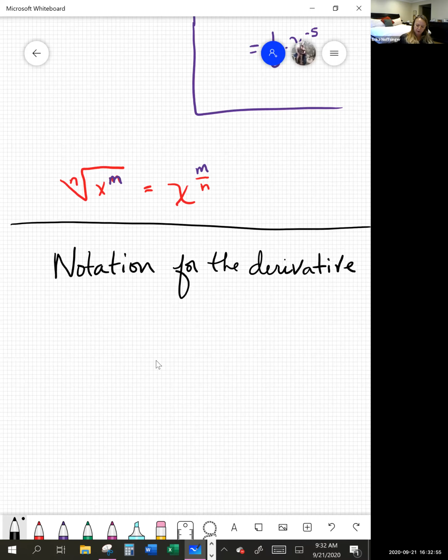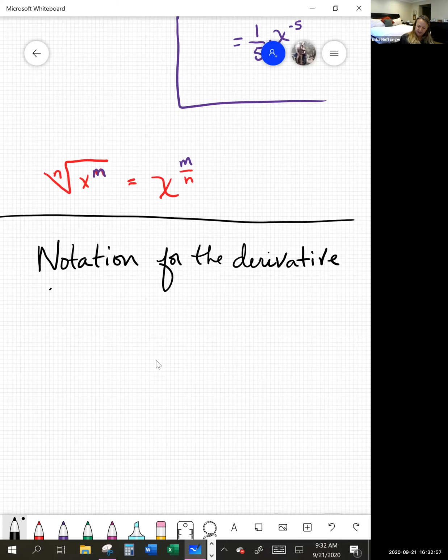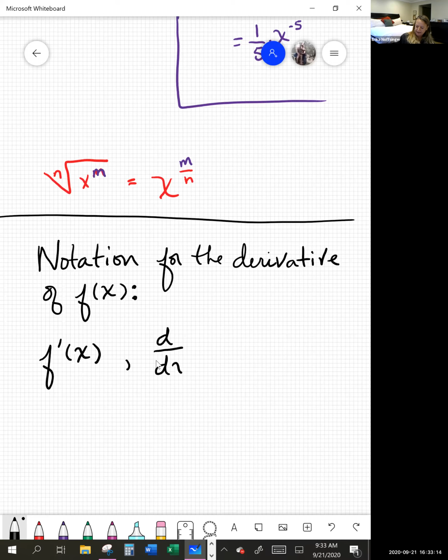So notation for the derivative of f of x. So we already saw one of them, and that was with that little prime, f prime of x. There's d dx of f of x. So it's a d over a dx, and then the f of x function.